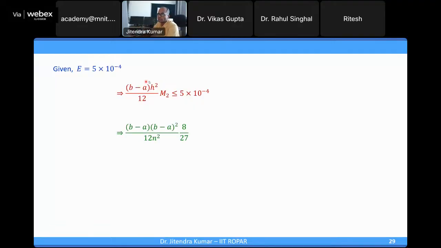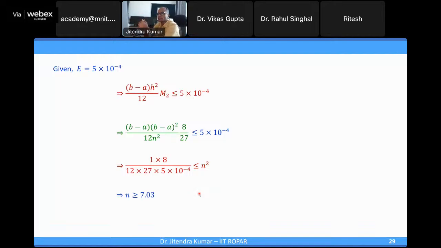So you just substitute all these numbers there, and we want this to be less than 5 into 10 raised to the power minus 4. So see, everything, b, a, etc. are known. Only the n you have to see which satisfies this inequality. And with some simple calculation, you can find out that n should be greater than 7.303.